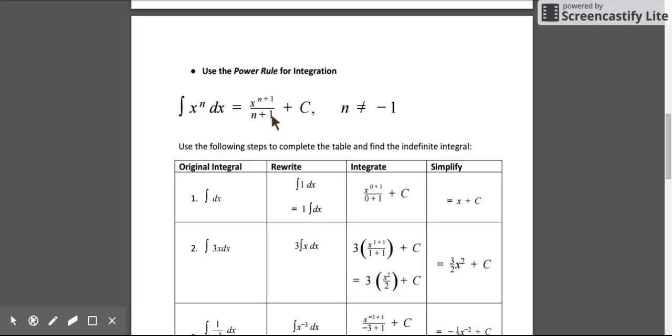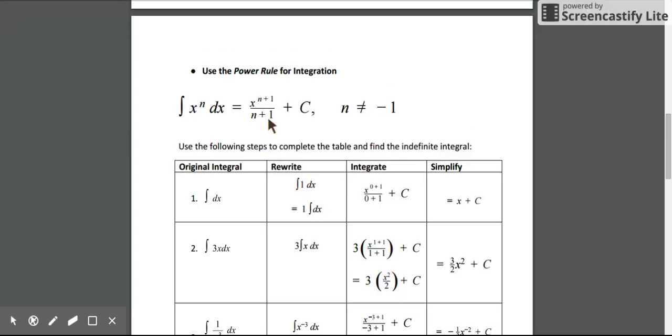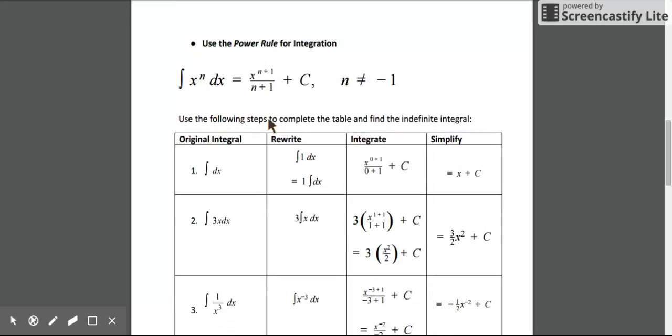And when we do that, we can never have 0 on the bottom of a fraction, so that value can never be -1. And we'll talk about ways that we can deal with it if it happens to be -1 in the future.